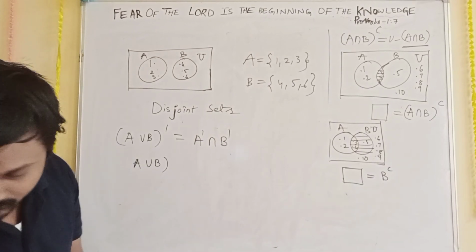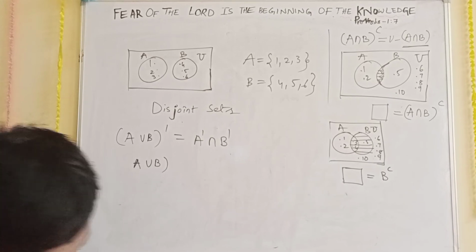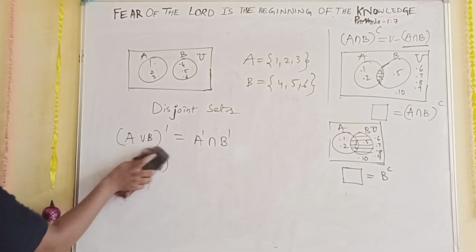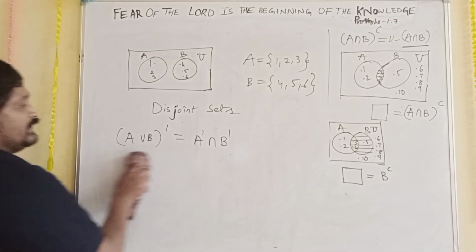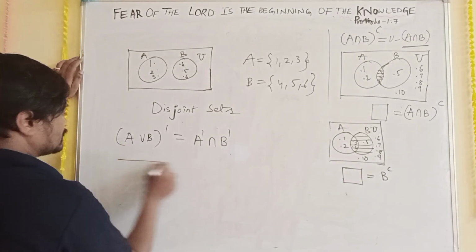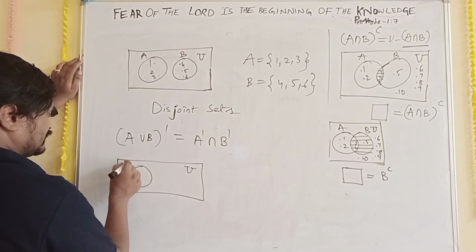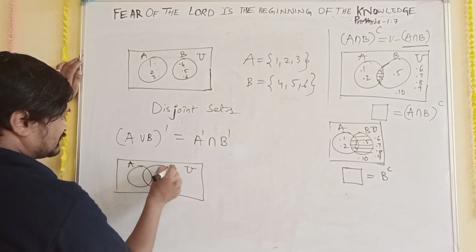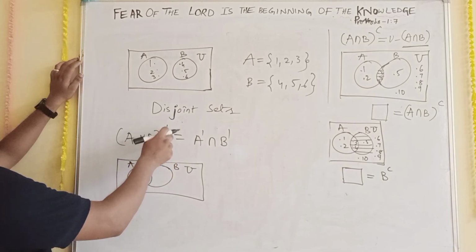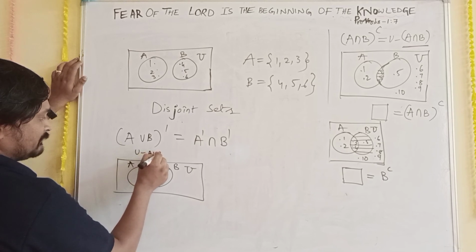How to prove? Just observe carefully now. Let me prove that. First, you already know (A union B) whole dash. What is it? Here is U, here is A, and here is B. (A union B) whole dash means U minus (A union B).